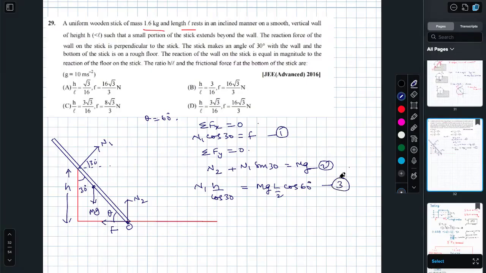Equation 3. There is one important term written here: the reaction of the wall on the stick is equal in magnitude to the reaction of the floor on the stick. So N1 is equal to N2, given in the question.